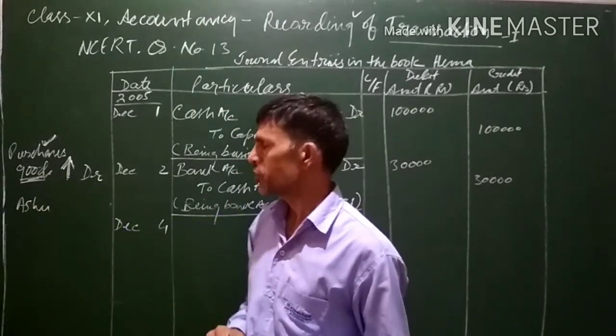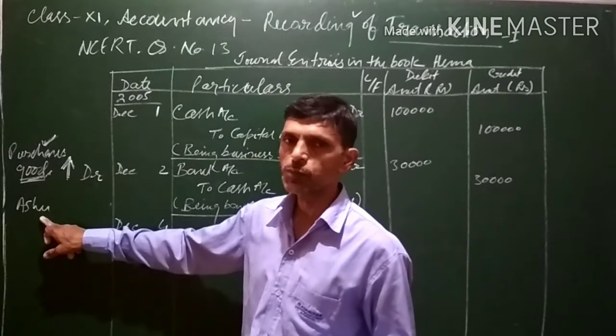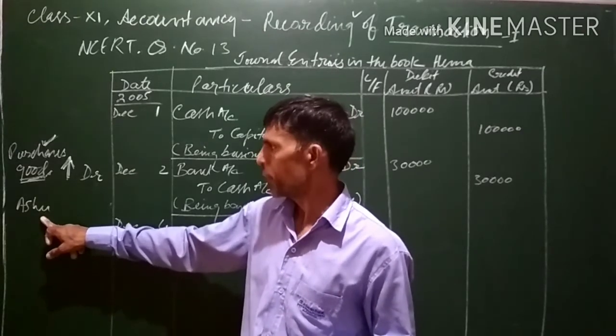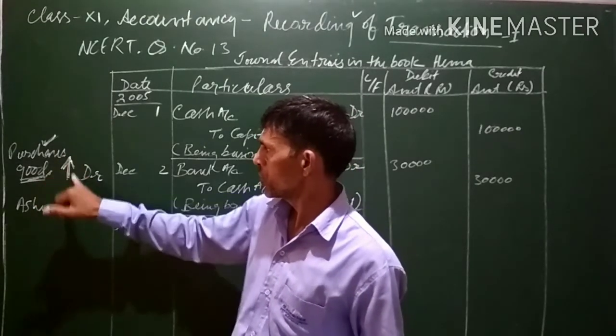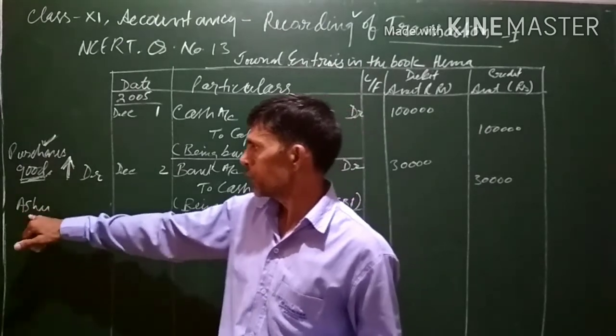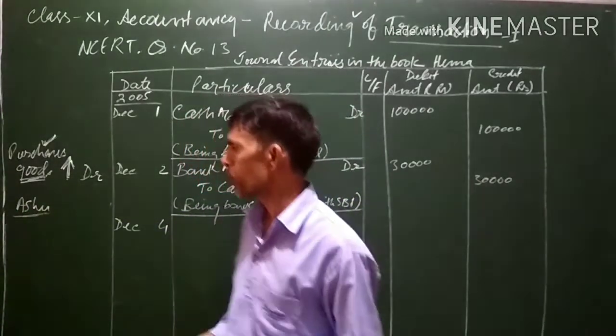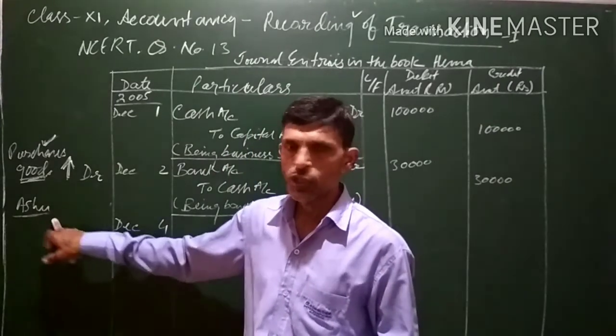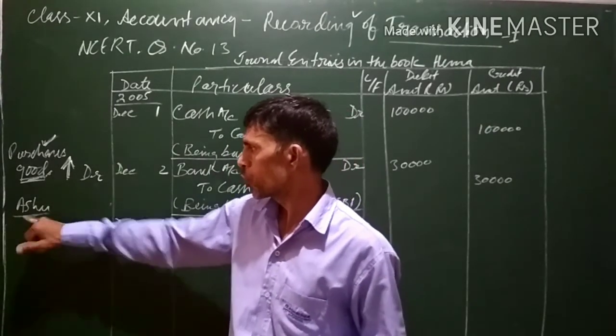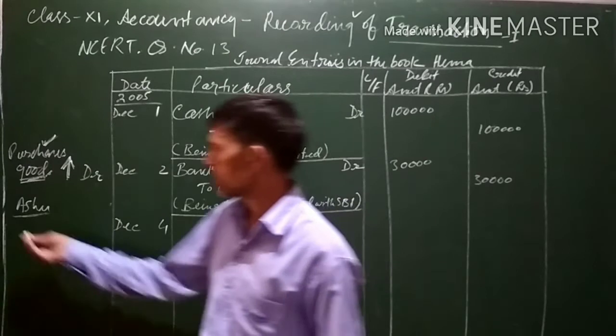In this case, it is assumed that it is a credit purchase, no cash has been paid. So purchases account will be debited, and since it is a credit purchase, one more account will be opened, that is Ashu account.